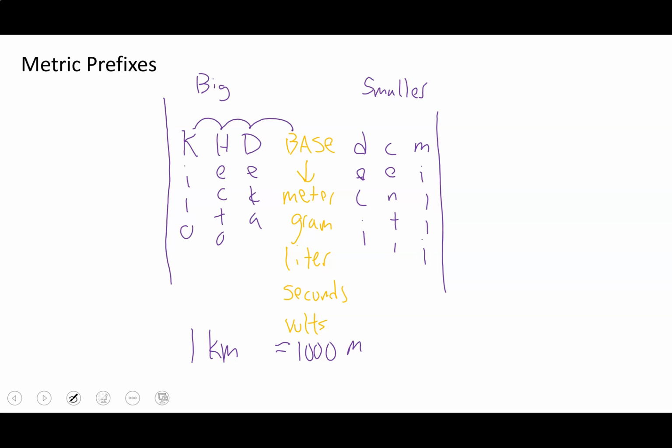When we get into extremely big or extremely small, we have to add a few more prefixes. The prefixes we like to talk about now are things like mega, giga, and tera. These are extremely big prefixes.